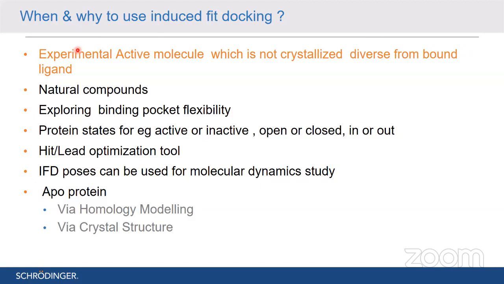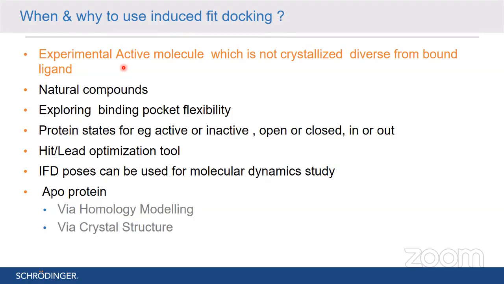But nowadays, they perform induced fit docking and molecular dynamics rather than crystallization, because the bound ligand may be of a different nature. So you should not say, okay, my molecule is not docking and I want to do induced fit docking. That is not the case.